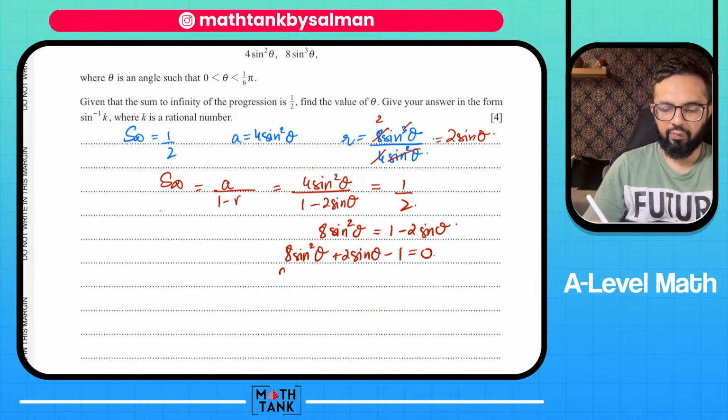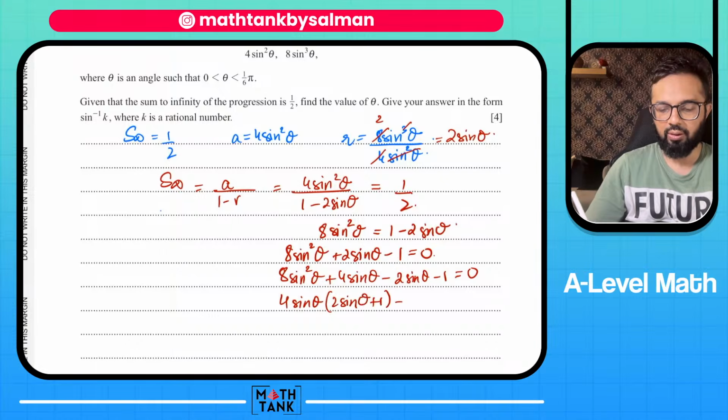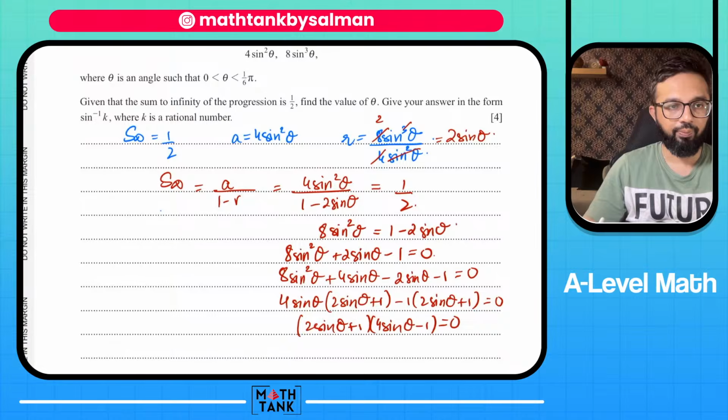Okay, let's factorize this. That's easy. So 4 sine theta common. I have 2 sine theta plus 1 minus 1, 2 sine theta plus 1. 2 sine theta plus 1, 4 sine theta minus 1 equals 0.